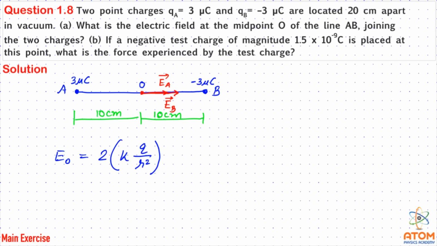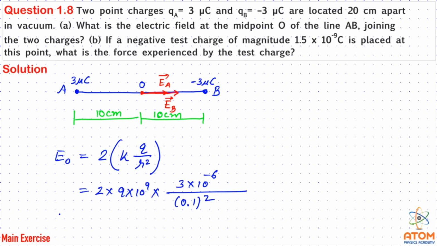So now we can write the values. K is 9 into 10 raised to 9 and the magnitude of Q is 3 microcoulomb, so it is 3 into 10 raised to minus 6, and the distance is 10 centimeter, that means it is 0.1 meter and whole square.